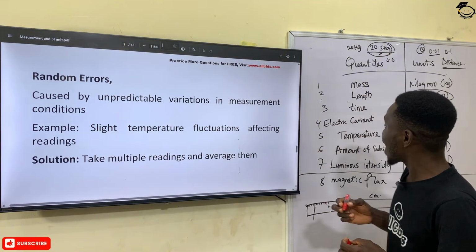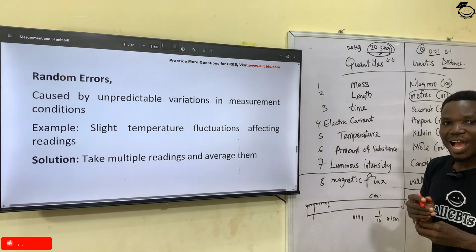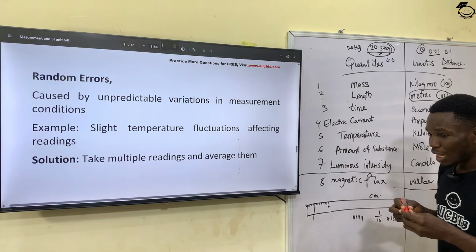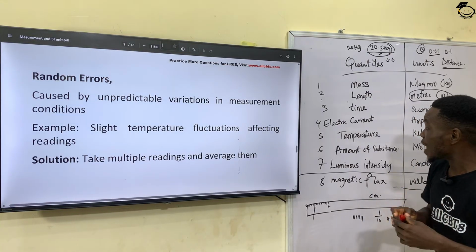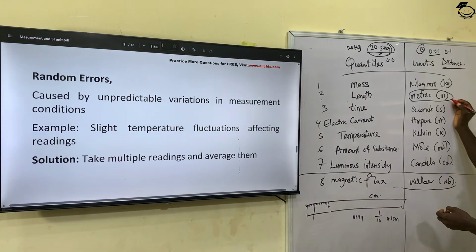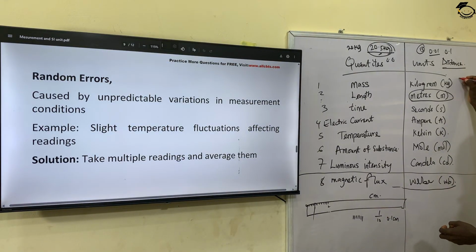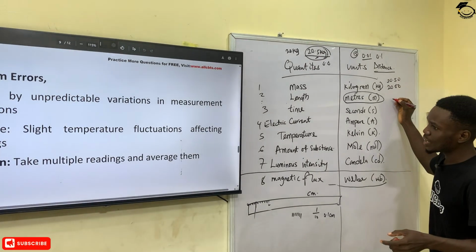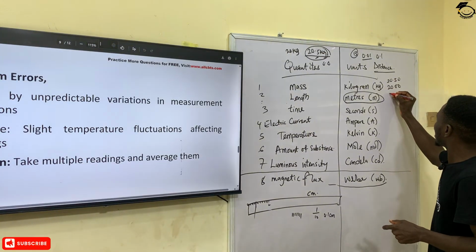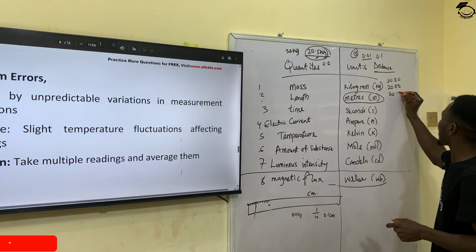In random error, like error due to parallax, for example. Why? Because each time I look at that particular reading, I will have a different variation. Let's say when I did the first one, instead of reading 20.50, I read 20.60. Then somebody else looking at the same thing saw 20.50.